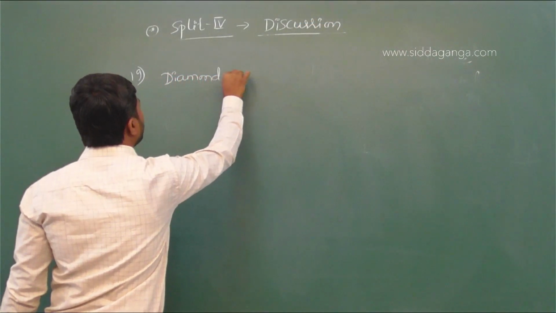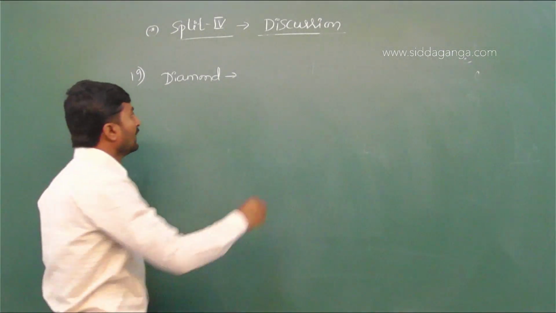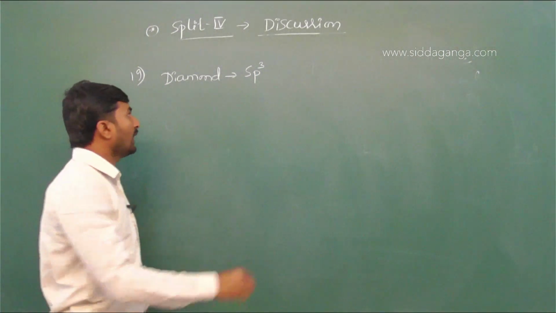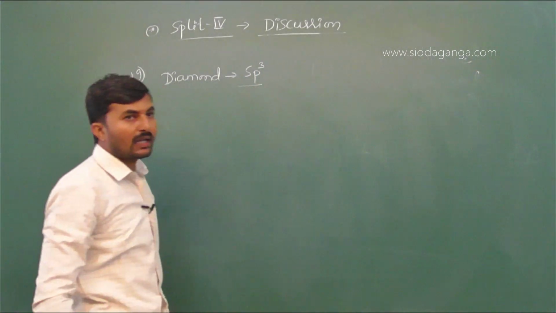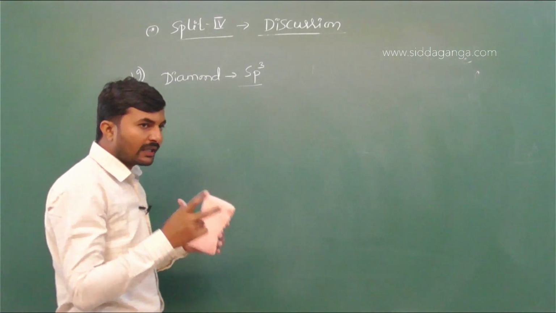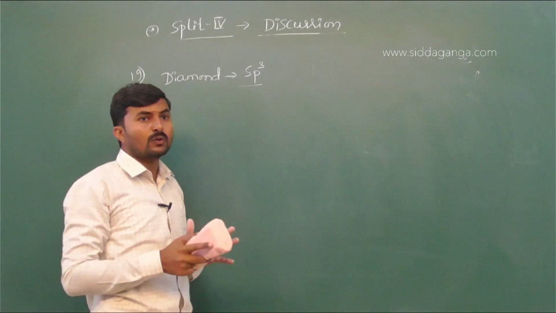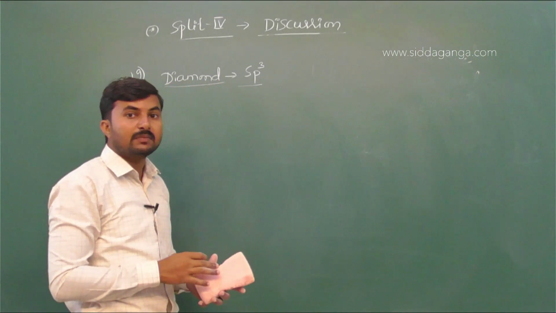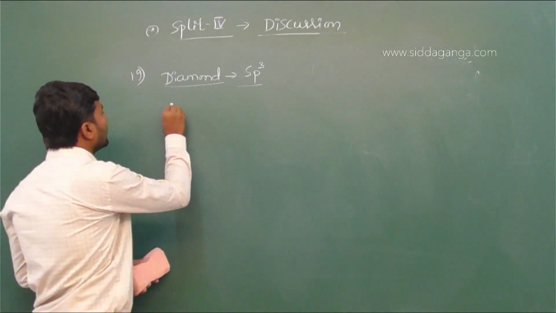Diamond is very hard and brittle because of its structure, that is due to sp3 hybridization. In diamond all the atoms are strongly arranged in regular tetrahedra, so diamond has a hard and brittle nature. Okay, followed by this, graphite.